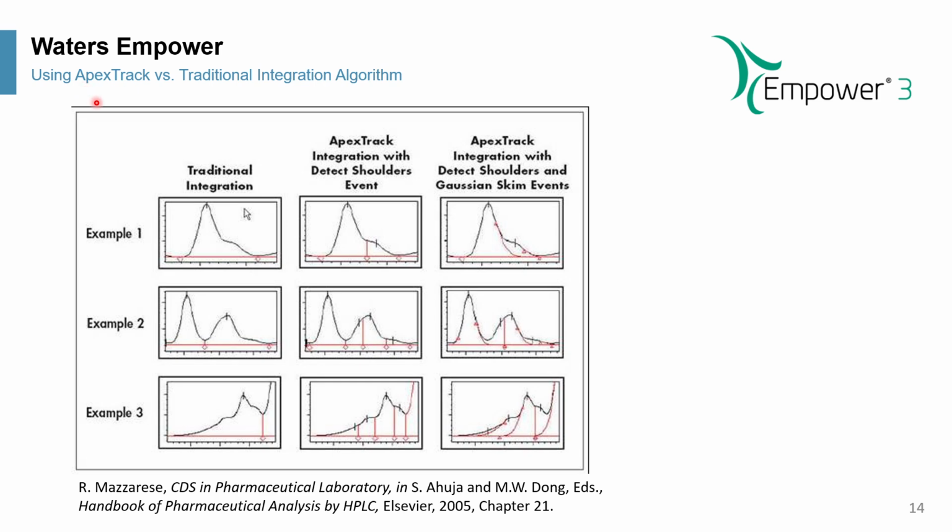Instead of using the raw data, it uses the second derivative of the raw data, which allows a much more rational or scientifically feasible way to integrate these types of merging peaks, shown here. And it can do it in a very automated fashion without manual integration or user intervention. So definitely one should consider the use of ApexTrack as a default for more complex chromatograms.